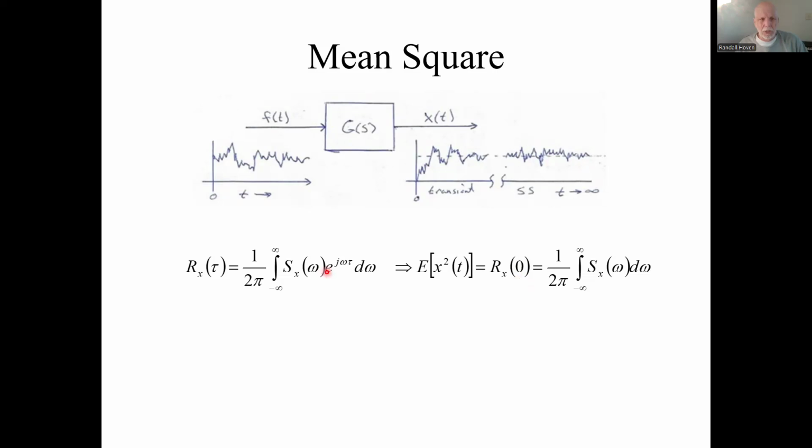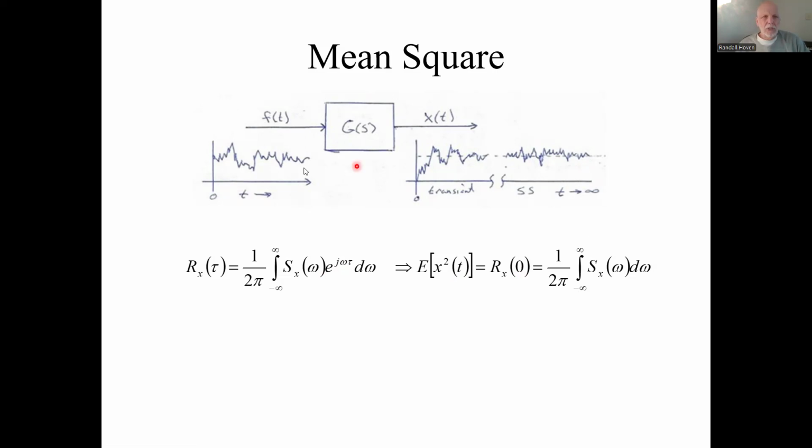Put a 0 in here, that becomes a 1, and you have that. So there are a couple of ways to find the mean square. One is to find the autocorrelation function with an argument of 0. Another way is to evaluate this integral, integrating the power spectral density.